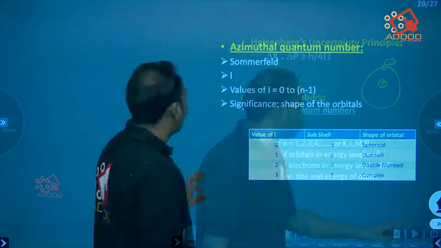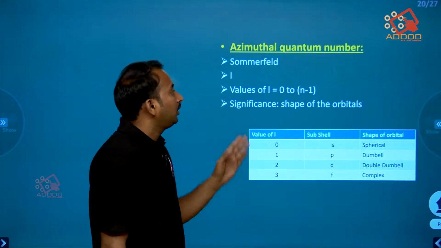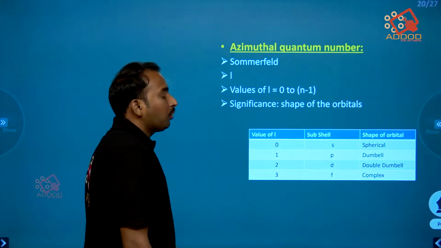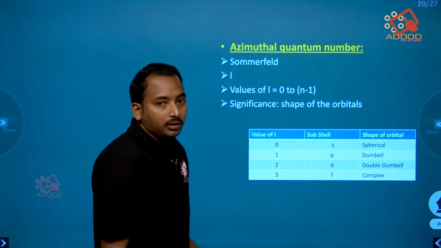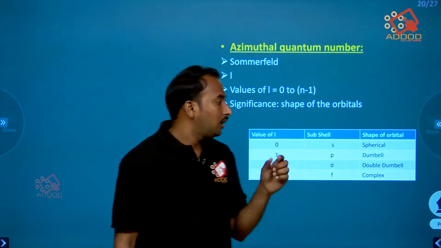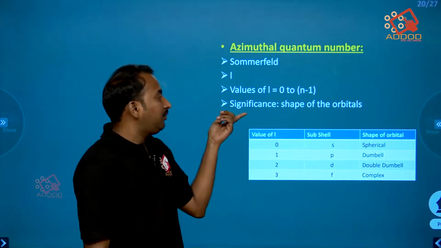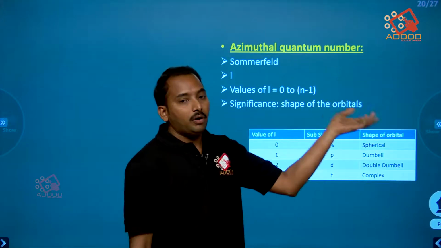Next we go to the azimuthal quantum number. This azimuthal quantum number was discovered by Sommerfeld, and it is denoted by small l. The l values are 0 to n minus 1. What is the significance of the azimuthal quantum number? It tells about the shape of orbitals.